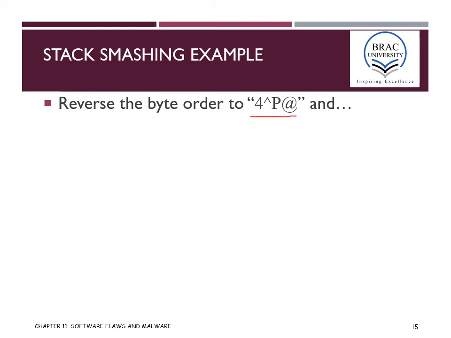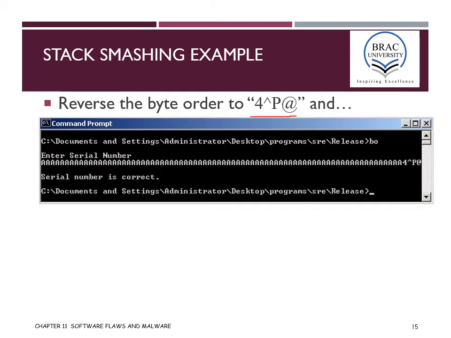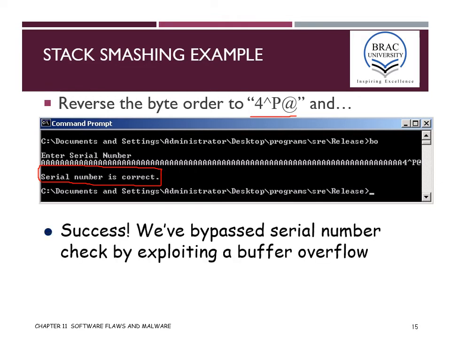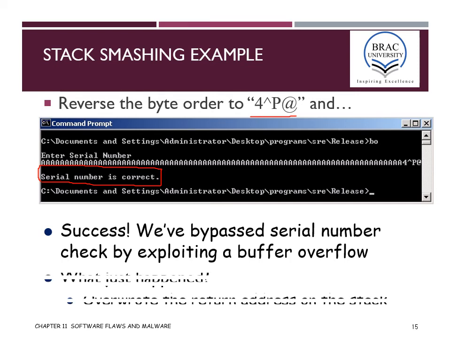So we reverse that value and input this one. So what will happen? That serial number is treated as correct, so that memory address value is being printed. That means you get permission to use the full version of the software. Okay, so this is how we can bypass the serial number.